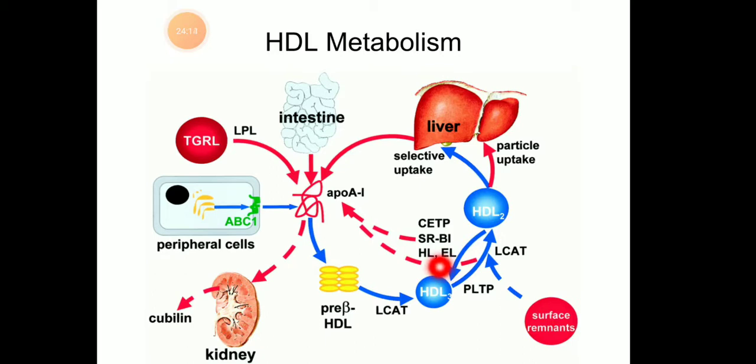The transfer of free cholesterol from cell membrane to HDL is facilitated by a membrane transporter, ABCA1. Thus, HDL scavenges cholesterol from different peripheral sites and transports it to the liver.